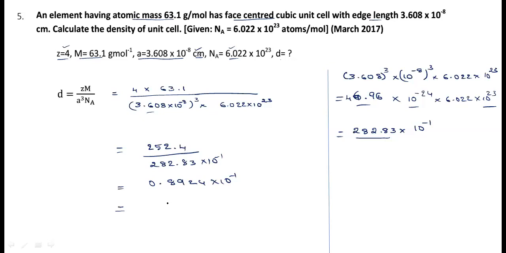So 10 to the power of minus 1 in the denominator will become plus 1 in the numerator. Hence the value is 8.924, and the unit is gram per centimeter cube. So this is the answer for the density with the given information.